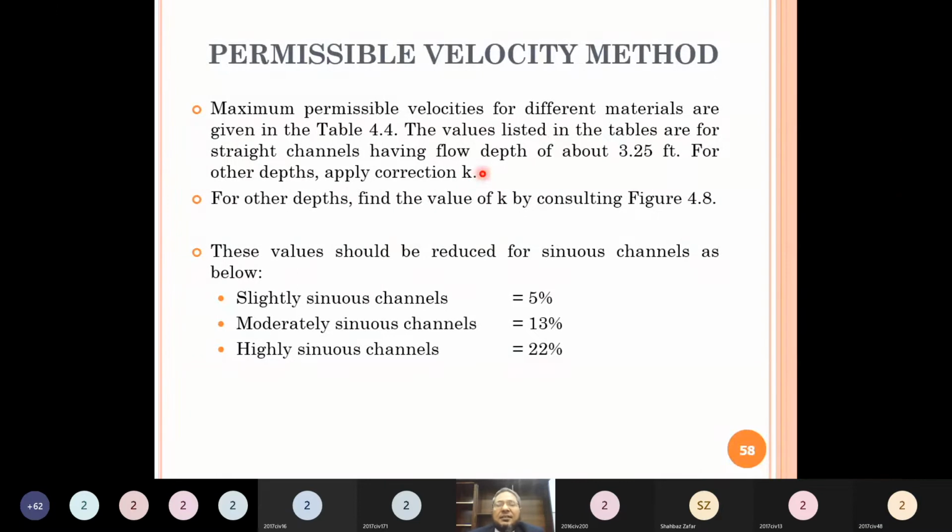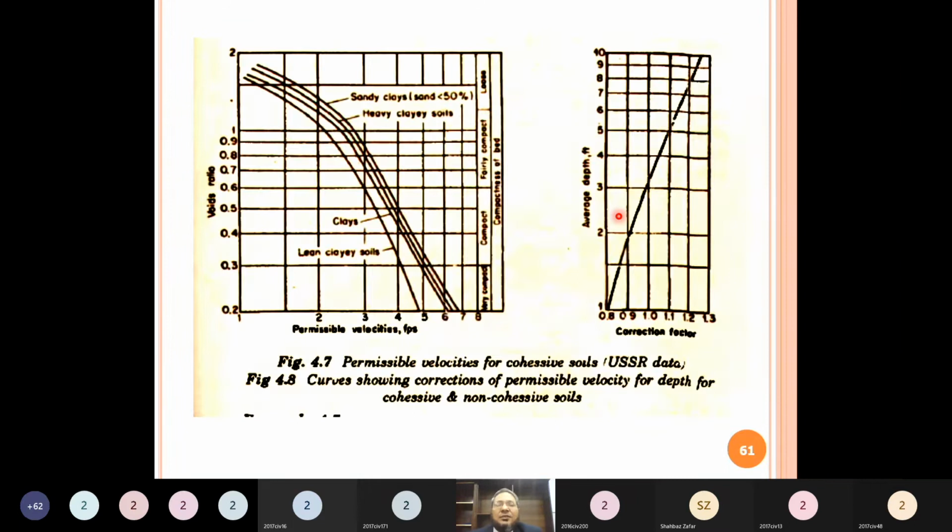Now how can I find the correction factor K? For other depths, find the value of K by consulting figure 4.8. Now I would like to show you figure 4.8. This is figure 4.7 on the left hand side. This one is figure 4.8 on the right hand side.